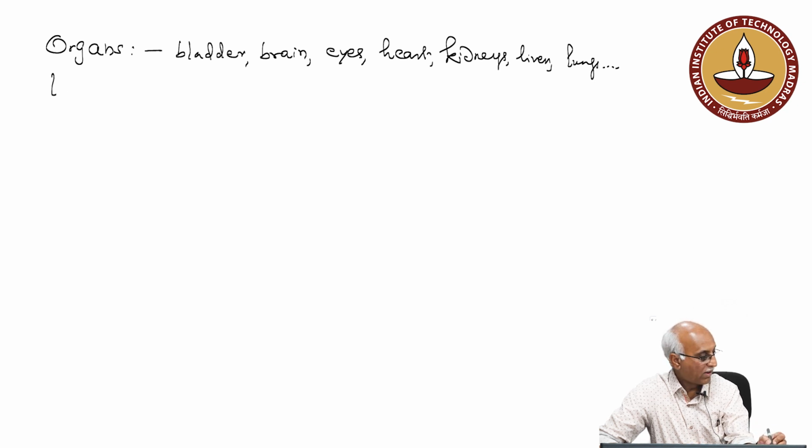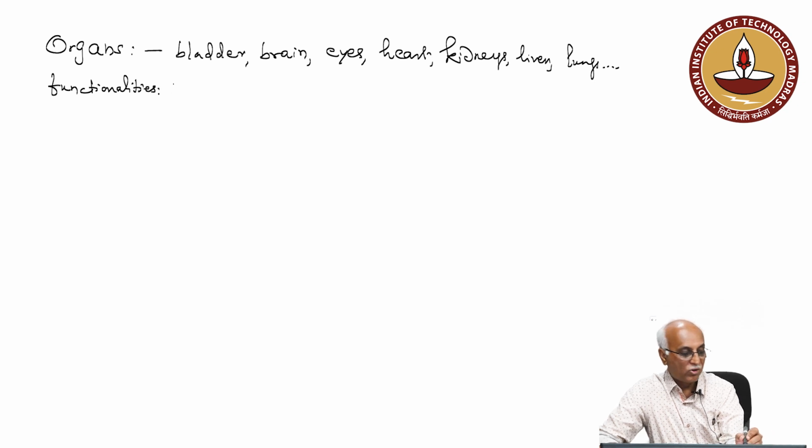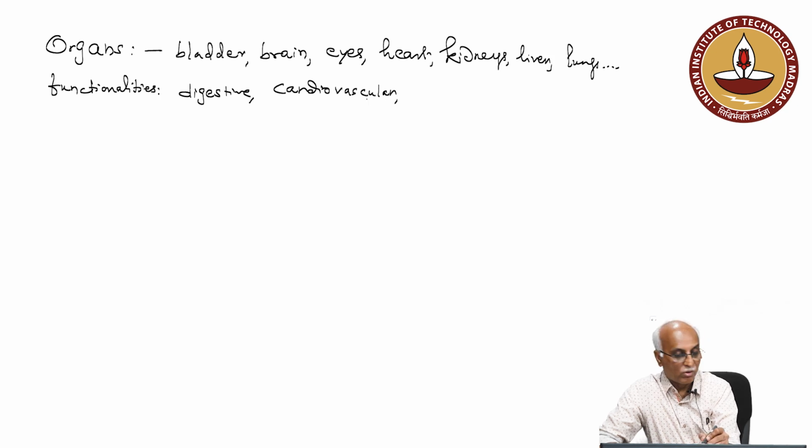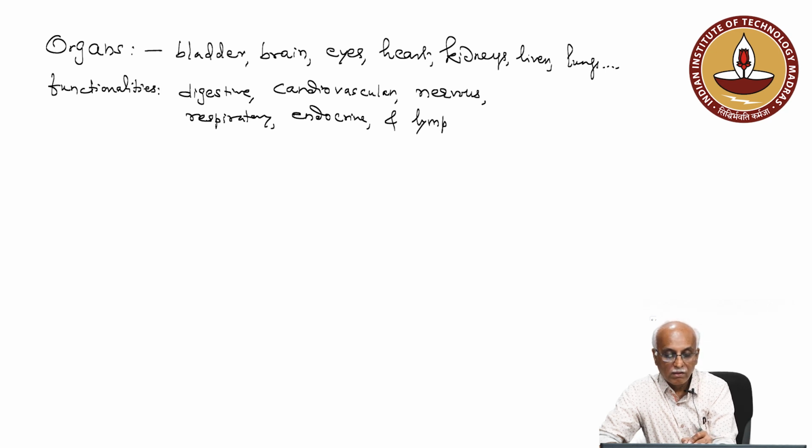These are made from different tissues with certain functionalities. The functionalities include, let's say, digestive tissue in the stomach, cardiovascular tissue related to the heart, vascular tissue, skeletal tissues, nervous tissues for nervous activities, then respiratory activity, endocrine and lymphatic systems.